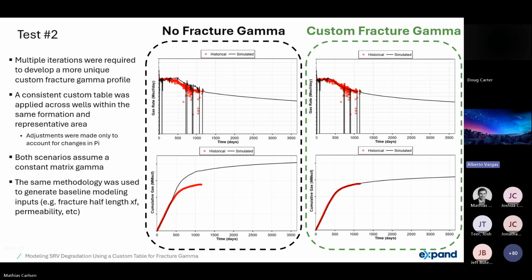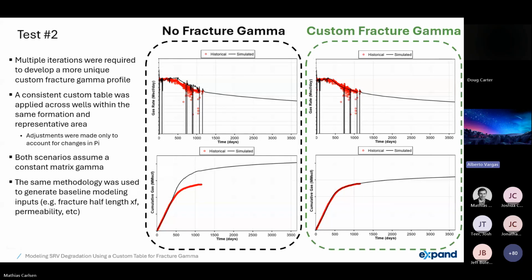Okay, so the rules that we had: a consistent custom gamma table had to be used across the board within a particular area in a formation. And then also, we would allow adjustments for PI. As PI, the initial pressure, is changing within an area, we did allow that to change. Again, very important, we're still assuming a constant matrix gamma, so we're including that matrix damage as well.